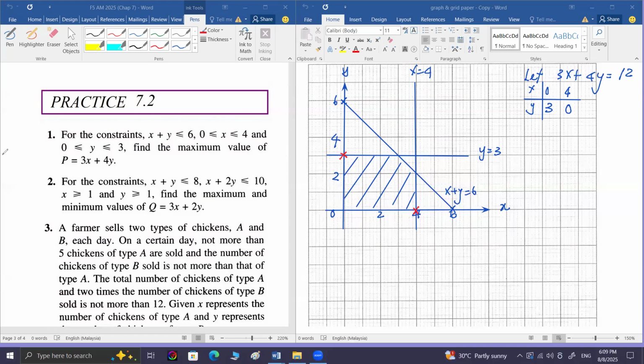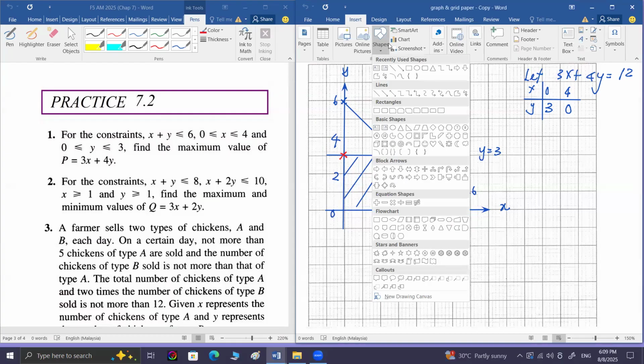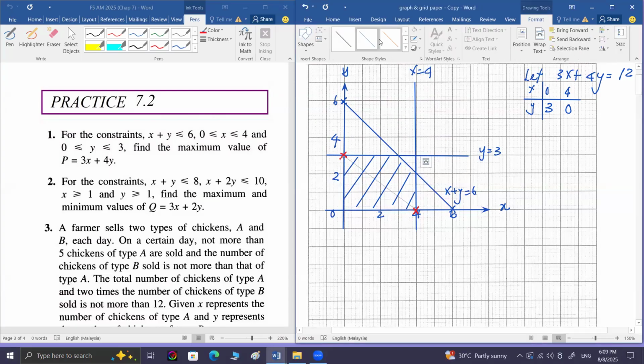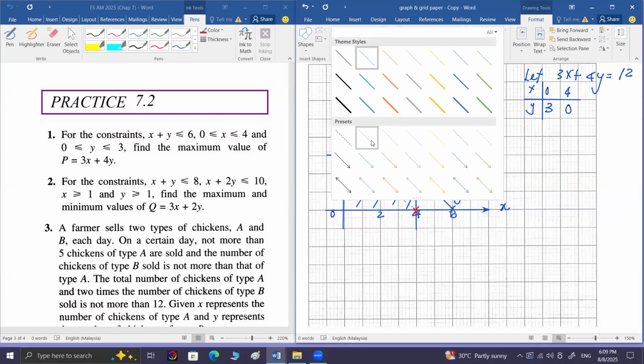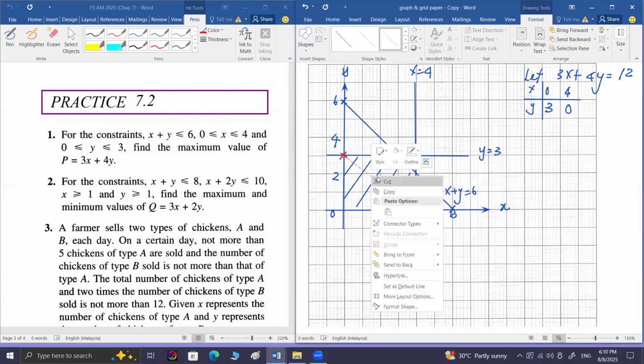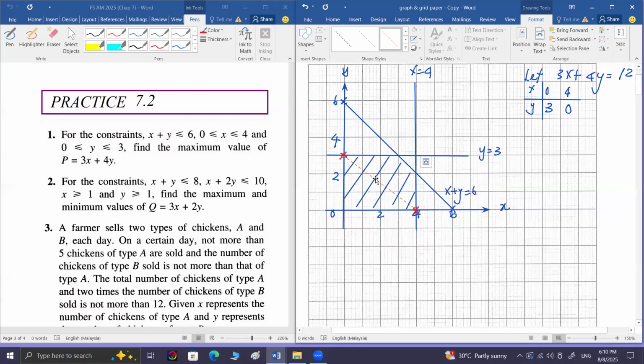Okay, so for this line, remember I said that you shift it. Wait a minute. Okay, then this line. Because this time you want to get the maximum value.